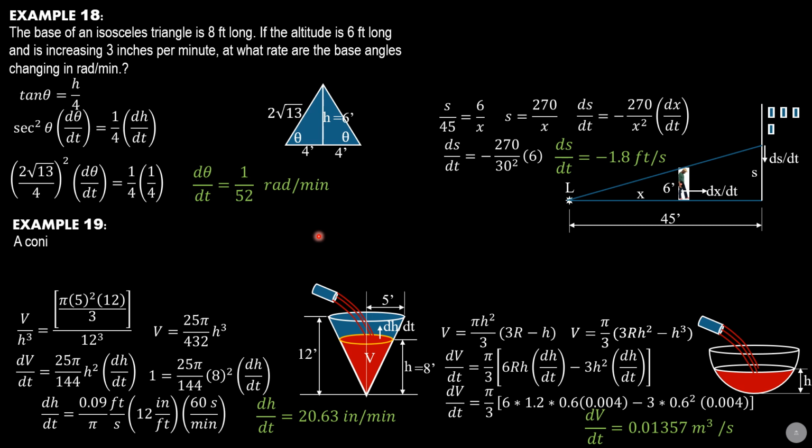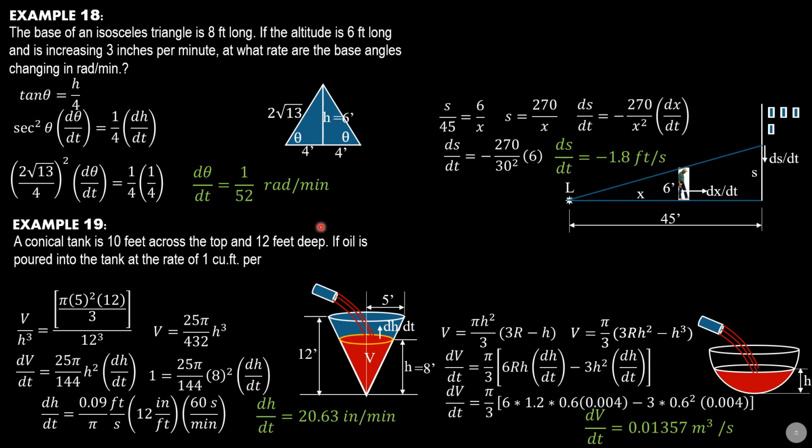Problem 19. A conical tank is 10 feet across the top and 12 feet deep. If oil is poured into the tank at the rate of 1 cubic foot per second, how fast is the surface rising when the oil is 8 feet deep? So I use similar solids here.